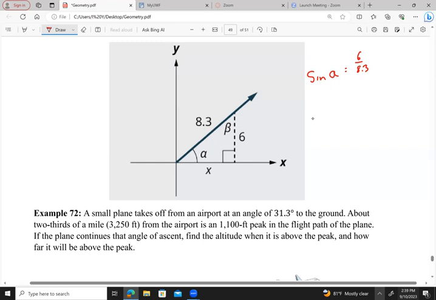So you should have a button also, or typically above, like that. So if I take 6 divided by 8.3, I get the sine of alpha equals 0.72289.